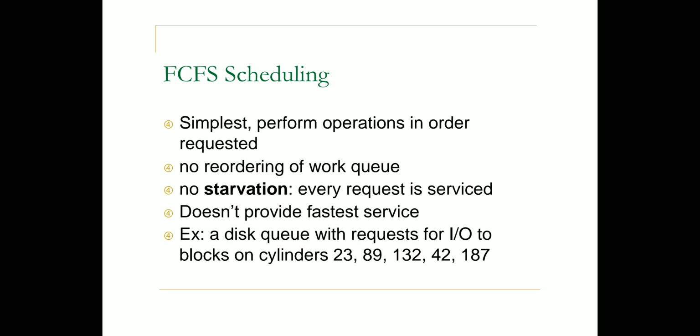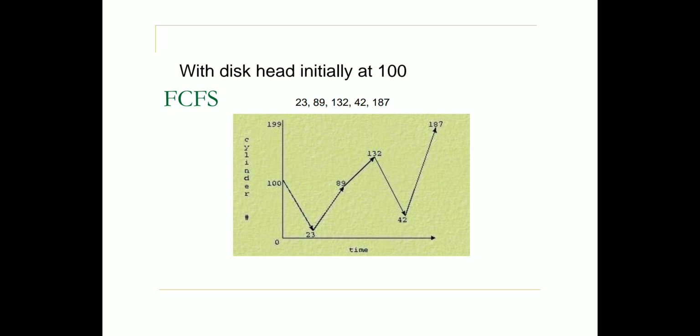Example: a disk queue with requests for input output to blocks on cylinders 23, 89, 132, 42 and 187. This is the order in which IO requests are made for service, with the disk head initially at 100.